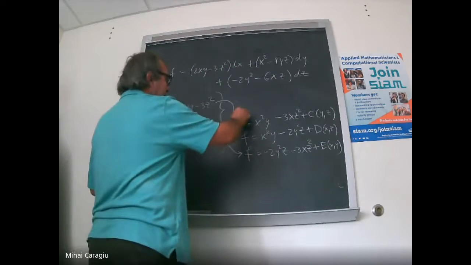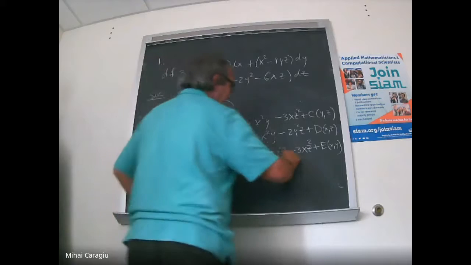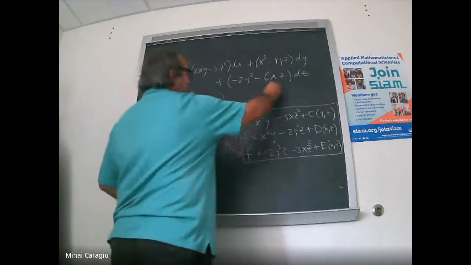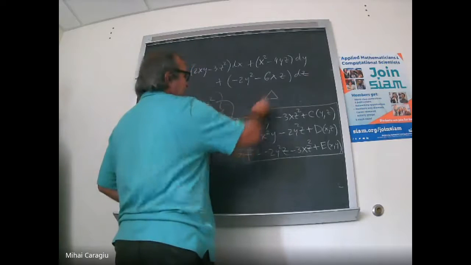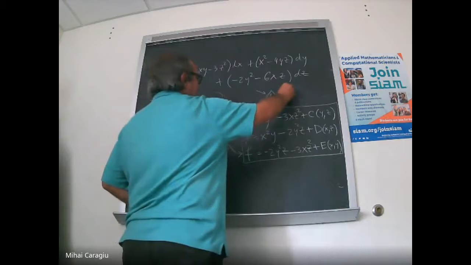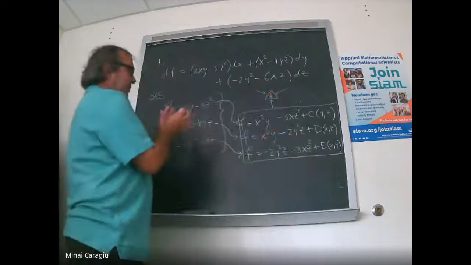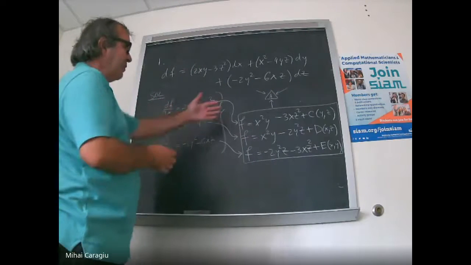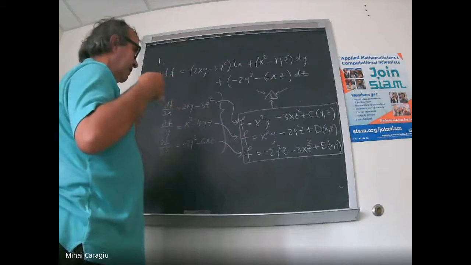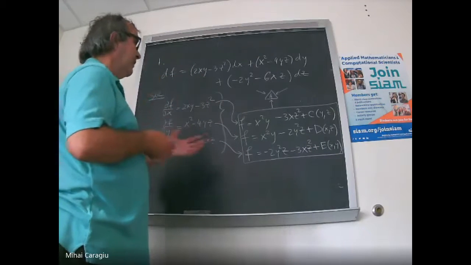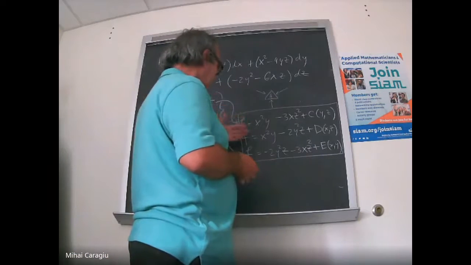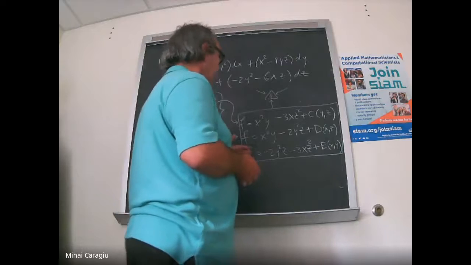So these three relations are like a puzzle: one single object f, and we are looking at it from three angles of view. Now we have to unify those three pieces of information to find a unique function f, modulo a constant, which is of this form and of this form and of this form as well.